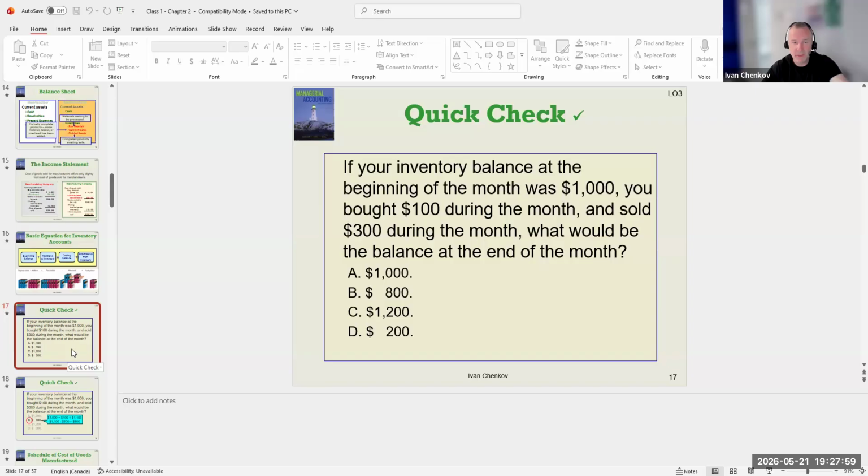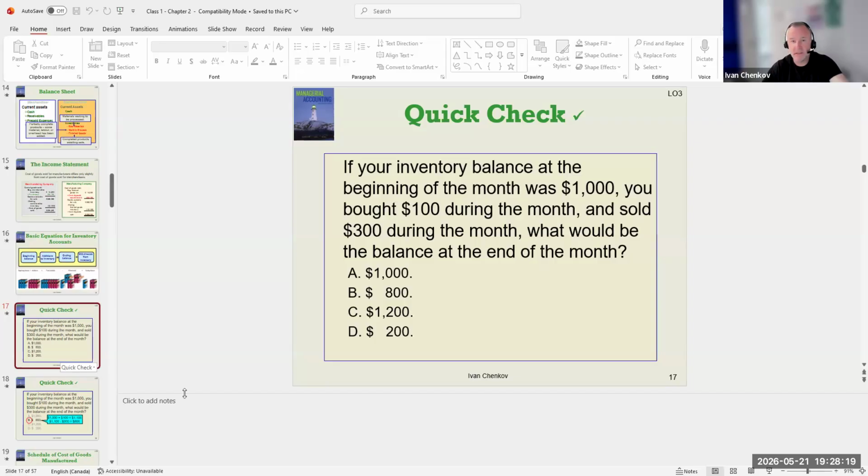Now we can change this question so many times. You have in your pocket $1,000, you withdraw $100, and you spend $300. How many dollars do you have? Right? We can go that direction.